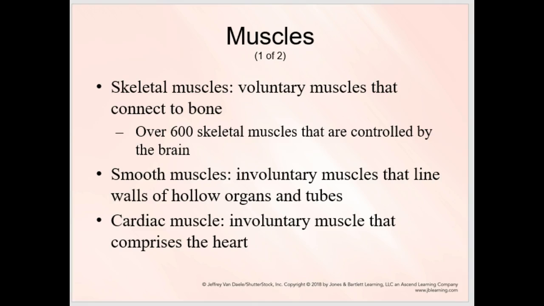And cardiac muscle is involuntary muscle that is in the heart. The reason they're all different is they have different microscopic attributes that we're really not going to get into, but they also are different because skeletal is voluntary, cardiac and smooth are not. So there's different reasons that there's 3 different named muscles. Those are just 2 examples.